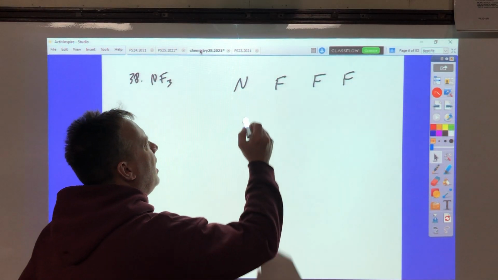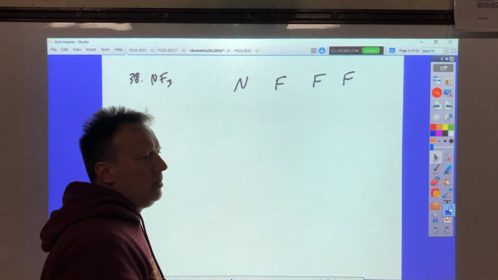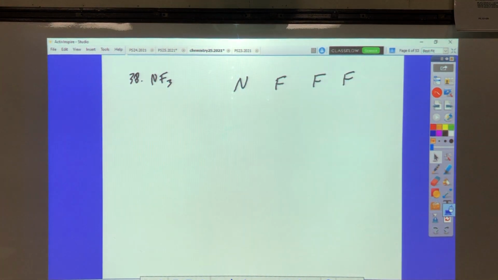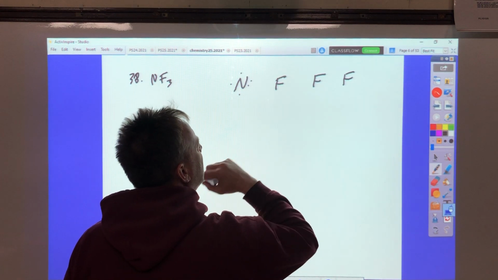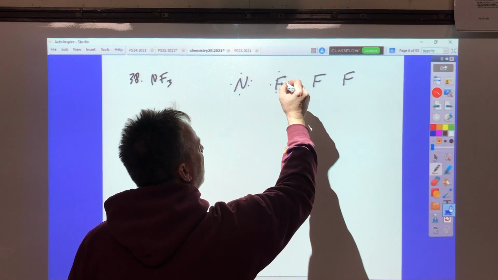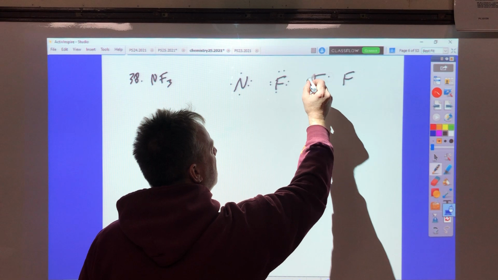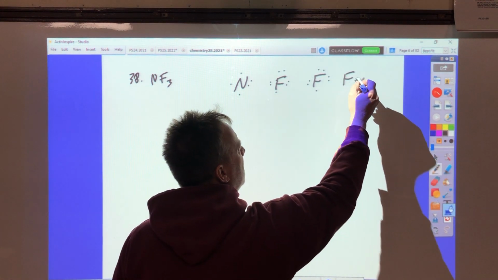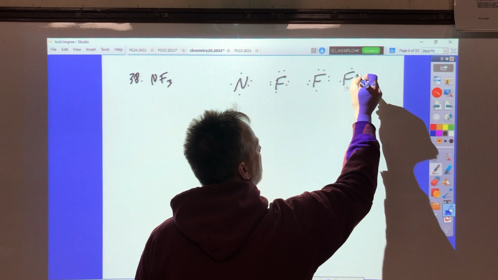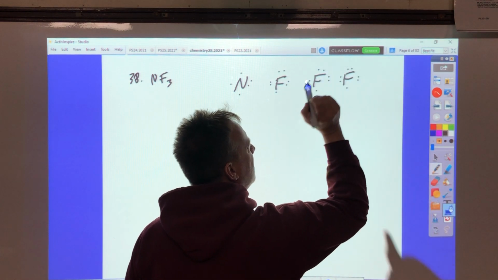So nitrogen gets 5: 1, 2, 3, 4, 5. Fluorine gets 7: 1, 2, 3, 4, 5, 6, 7. Repeat for the other two fluorines.